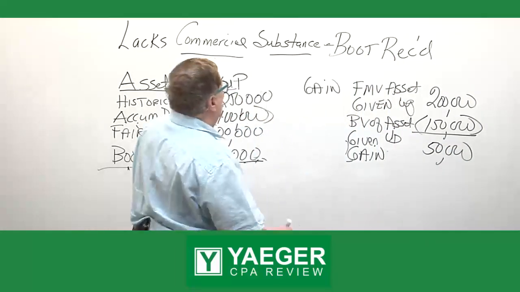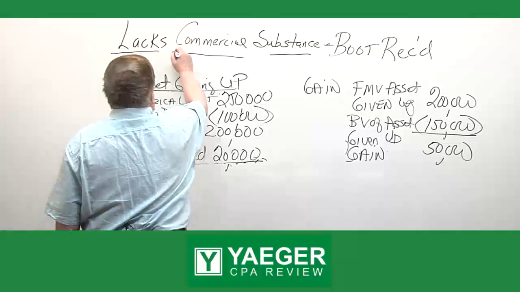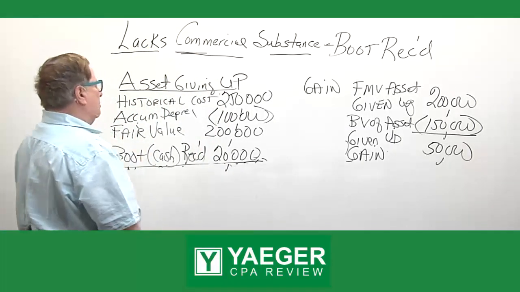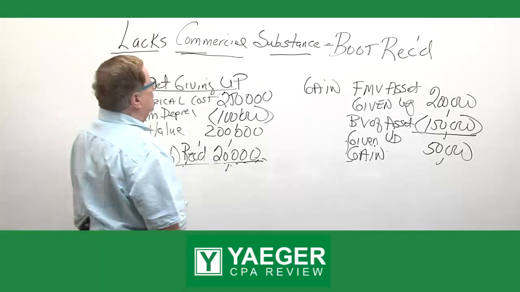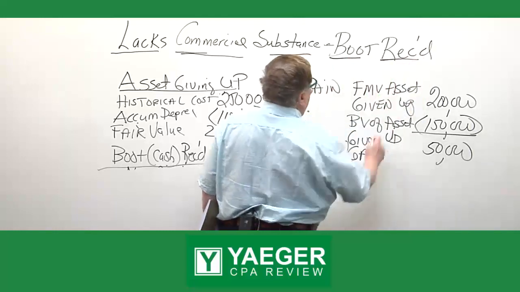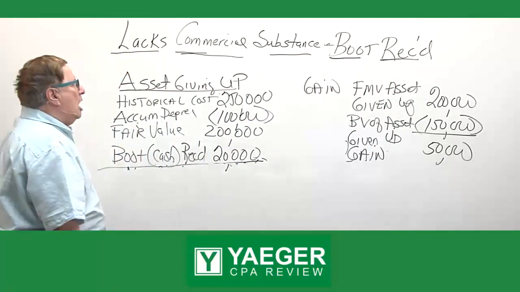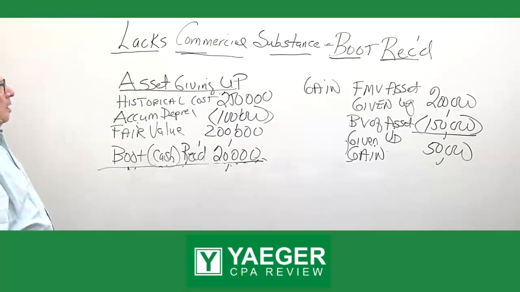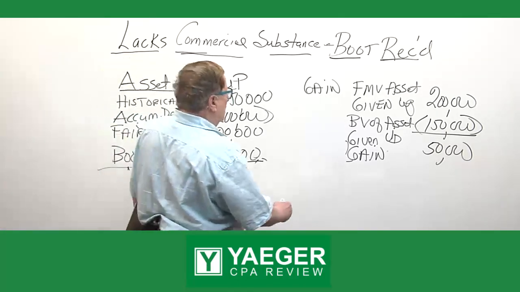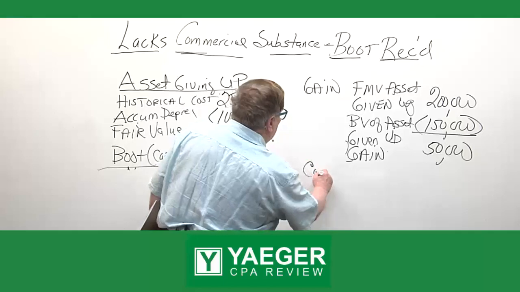Now, when you have a transaction that lacks commercial substance, loss will be totally recognized if there was one, but to determine the gain that's recognized when you receive boot, you have to do a proration. Now this is the proration. You take the numerator, which is the cash received.